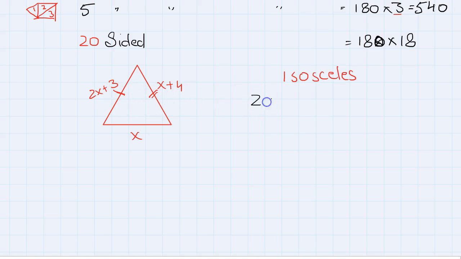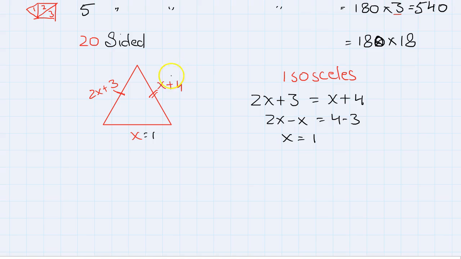So you can write 2x plus 3 is equal to x plus 4. So 2x minus x is equal to 4 minus 3, so x will be 1. That's how you are going to solve this question.